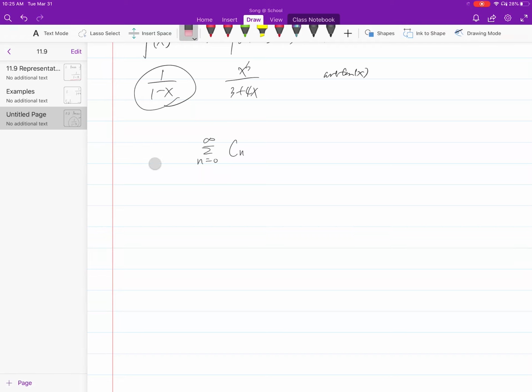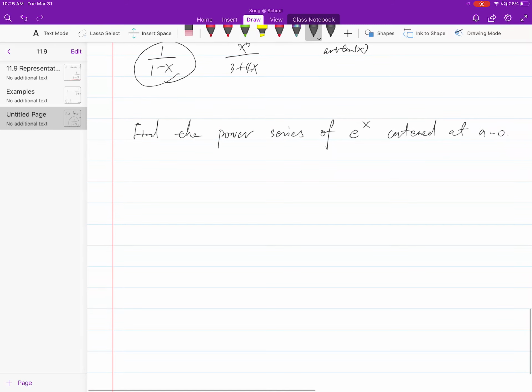Okay, so let me actually write it down. Let's make it centered at a equal to 0. We can find other centers later if we want, but let's just do 0. Because it's centered at 0, I'm going to use x to the n. If it's centered at 2, we use x minus 2 to the n.